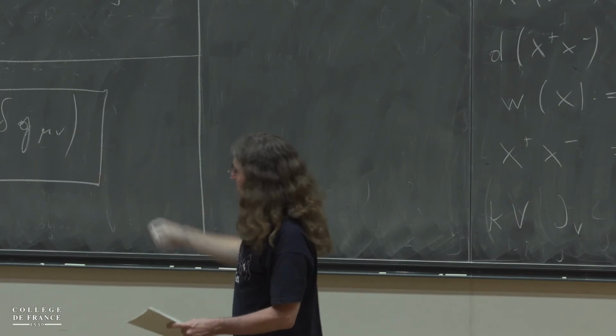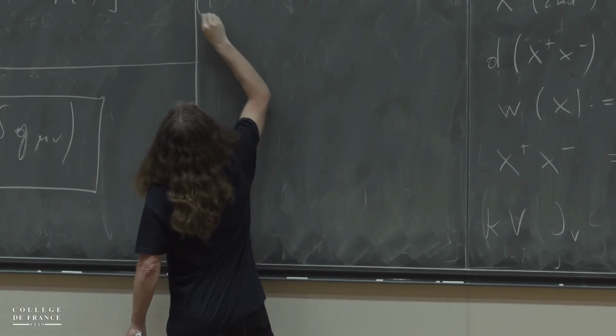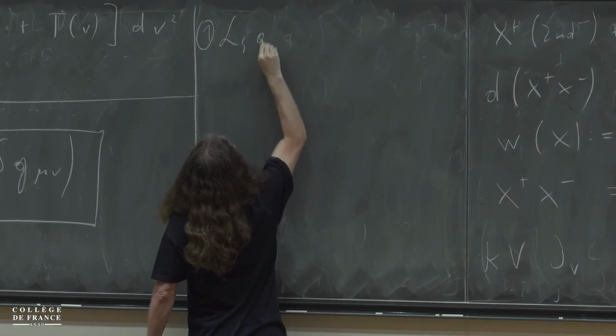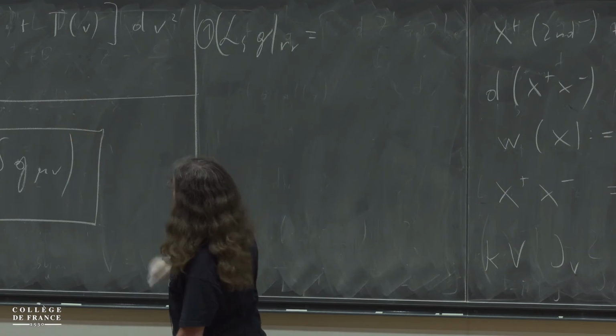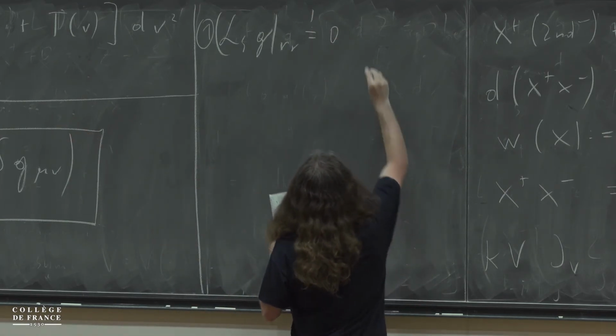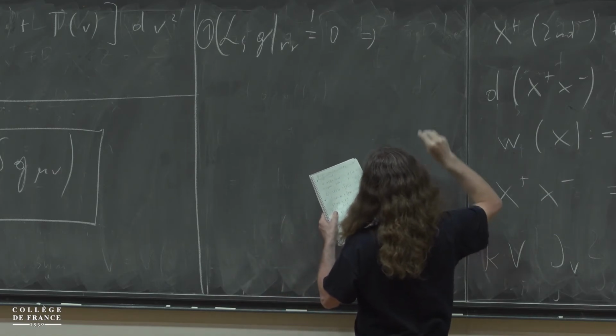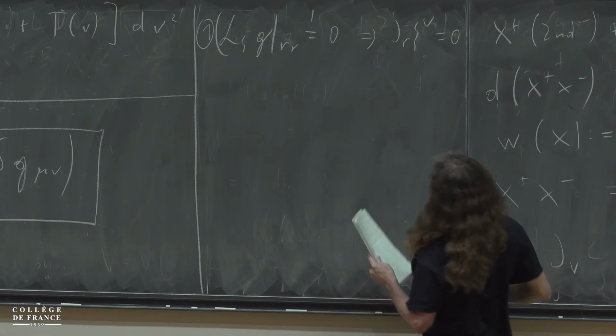Well, and now we just have to solve this equation. The first equation is the rr component, and since there is no rr component in the metric, we have to require that this is 0, and that immediately gives you that dr of psi v has to be 0.